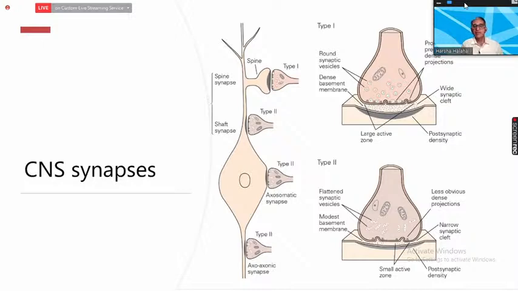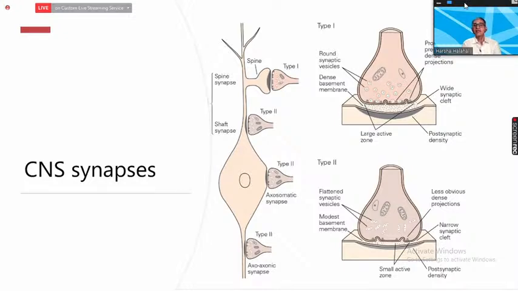There are broadly 2 types of CNS synapses. Synapses are the functional junctions between neurons. These are regions of contiguity, not of continuity. That means there is a clear separation between where one neuron ends and the other neuron begins. So there is a synaptic cleft which separates the membranes of the presynaptic neuron and the postsynaptic neuron.